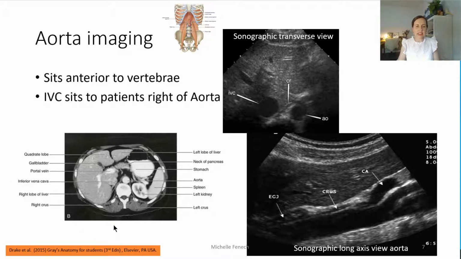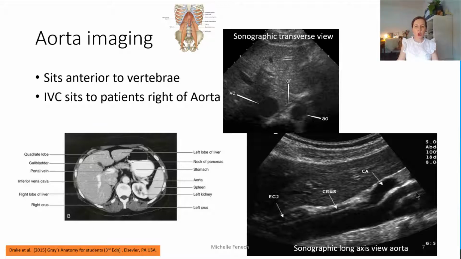If we look at a CT scan, we've got our liver over here on the patient's right and our spleen over here. We've got our abdominal aorta here and the crus of the diaphragm that sits around it. And then our IVC sits out here. It sits over more to the patient's right. And when we do an ultrasound, we can see the aorta, which sits anterior to the vertebrae, and then our IVC, which will sit a little bit more to the patient's right.